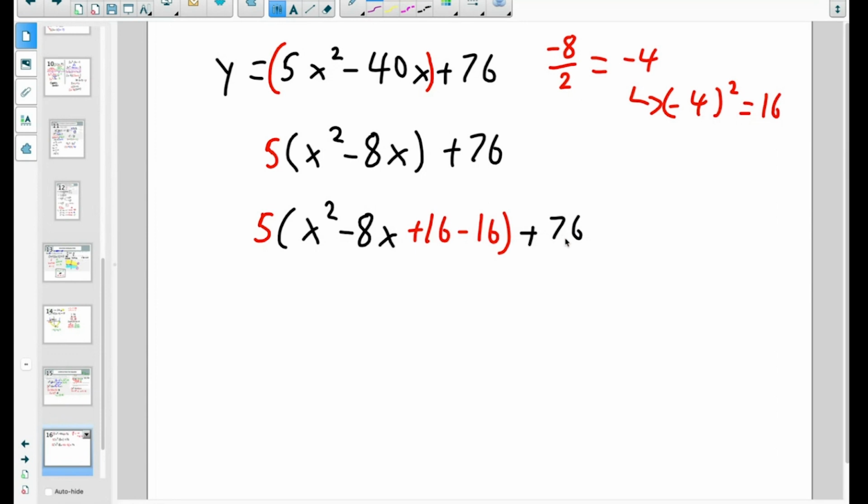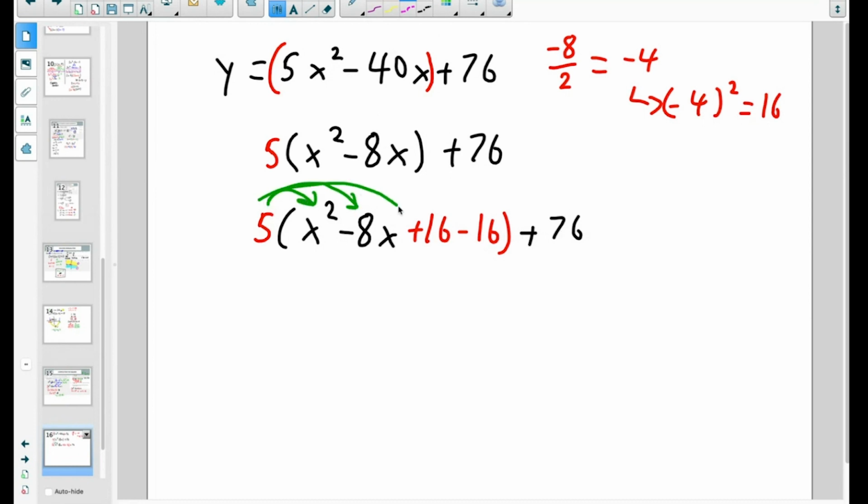Are we happy with what I've done there? Are we following along? Makes sense why we have that bracket. Now you'll notice, because that 5's on the outside, what's going to happen if I decide to expand this 5 to everything here?